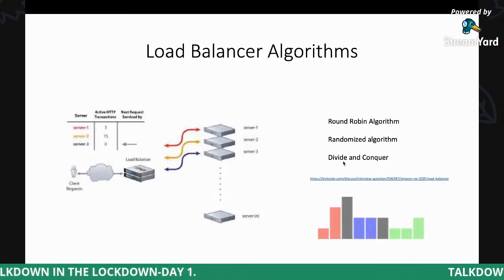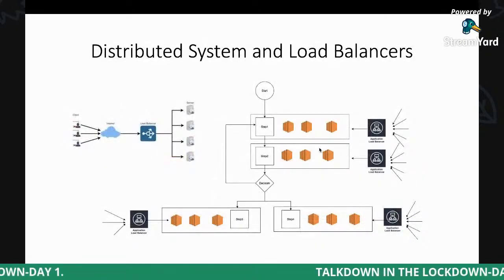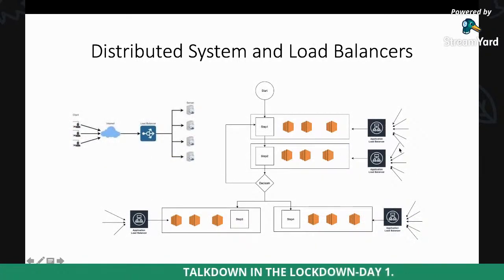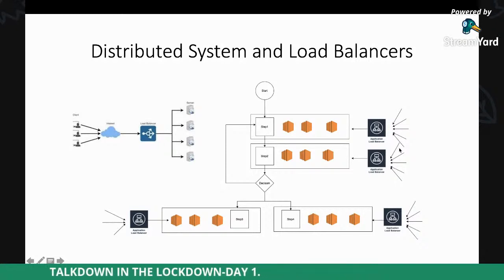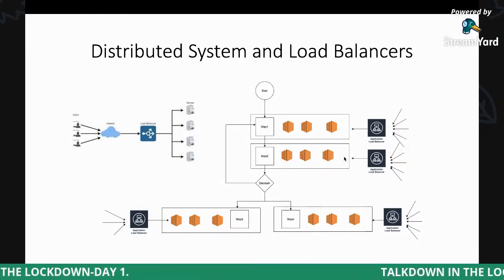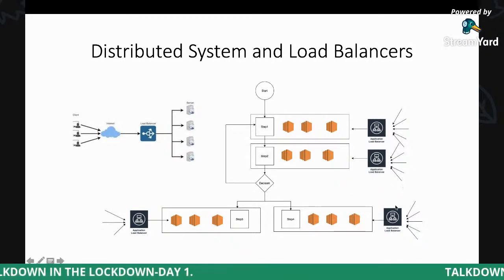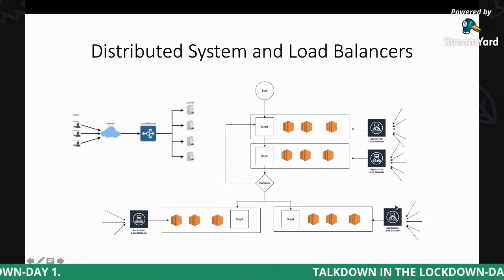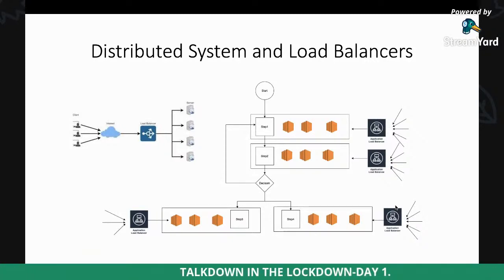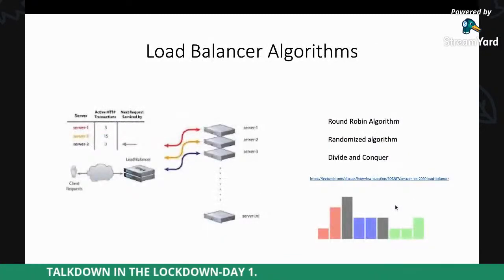So you have both pieces of information: how much time each incoming request will take to process, and the state of each server, that is, how many requests each server is currently processing. Then we use some kind of divide and conquer technique.